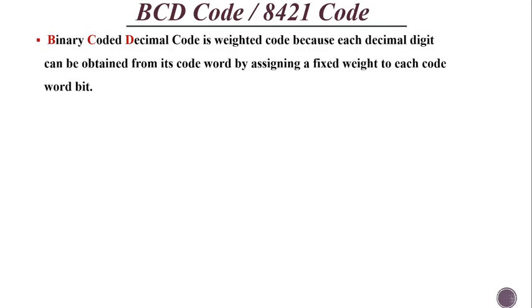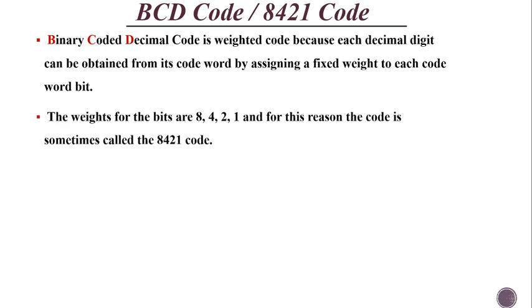So BCD is also called the 8421 code. This code is a weighted code because each decimal digit can be obtained from its code word by assigning a fixed weight to each code word bit, and that's why it is a weighted code system. And the weights for the bits are fixed, as we can represent each decimal digit with a group of 4 bits in binary.